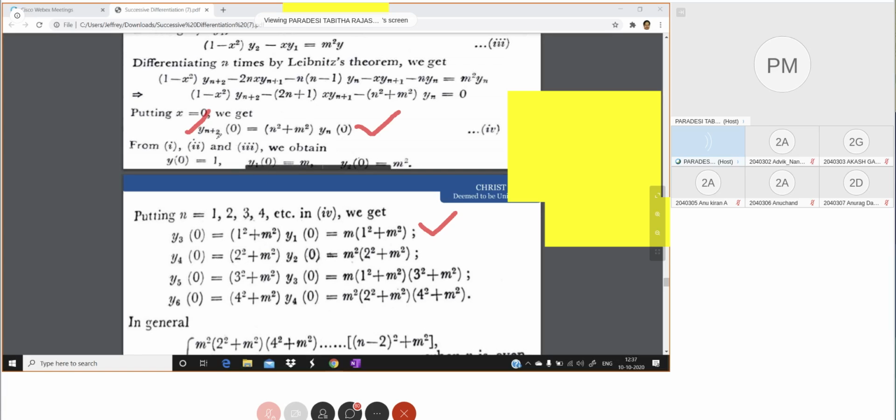Because y(n+2) is related to yn. So y3 is related to y1, y4 to y2, y5 to y3, and y6 to y4, which will appear. When you substitute, you will see that these are the terms which will appear. Till here, one by one, check and confirm and let me know, then we'll proceed. I want you to confirm whether all these four equations are right, looking at this recurrence formula, and then we continue. Take 2 minutes to complete that. If it's correct, mention correct in the chat box.